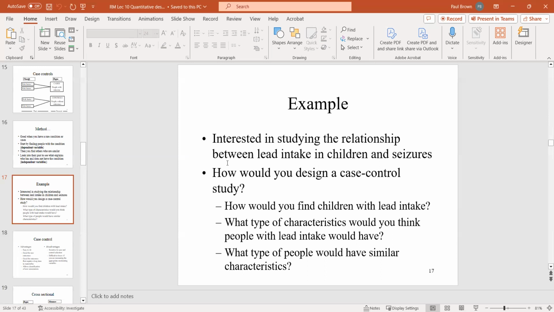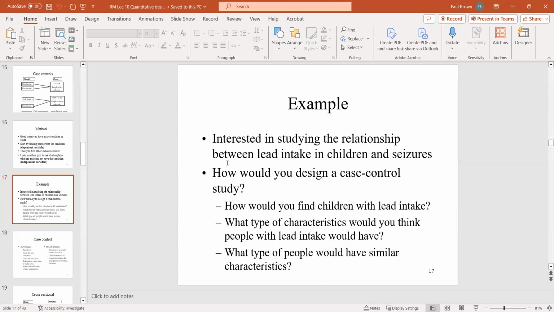In this case, lead intake causes seizures. Okay, so that's your independent and dependent variable.